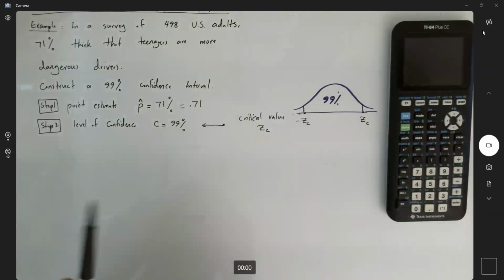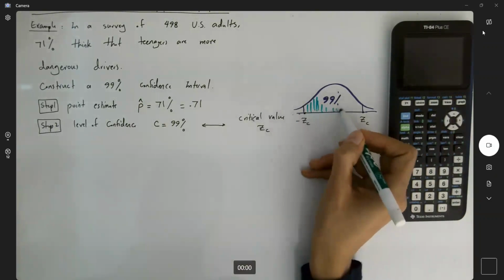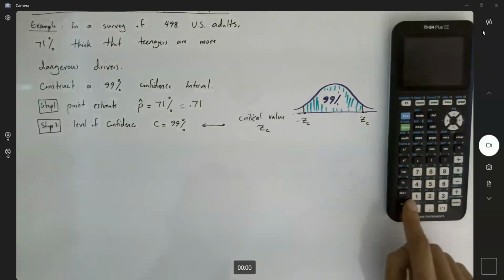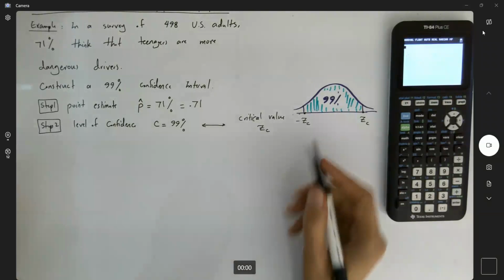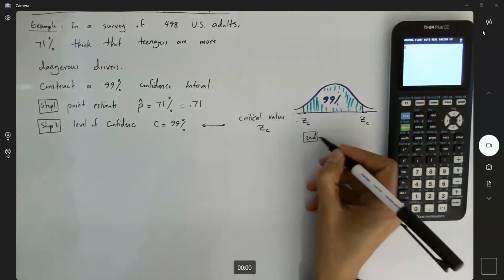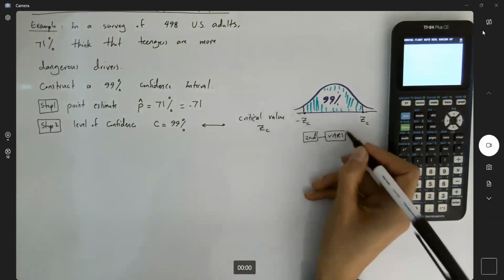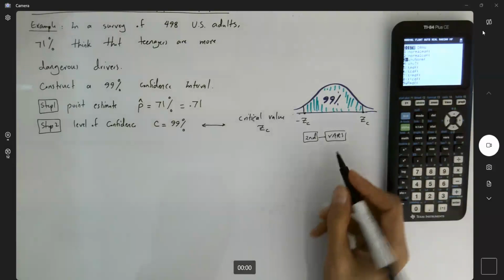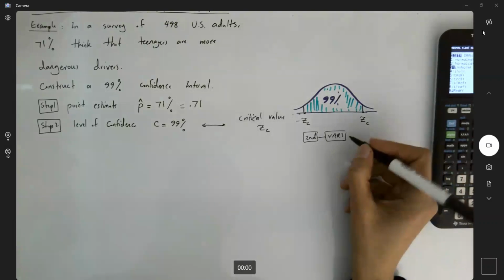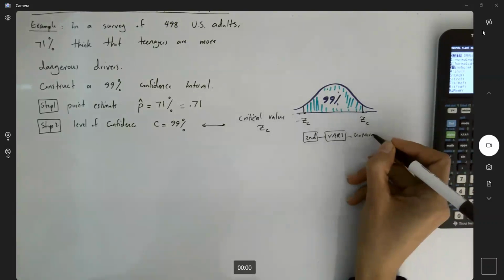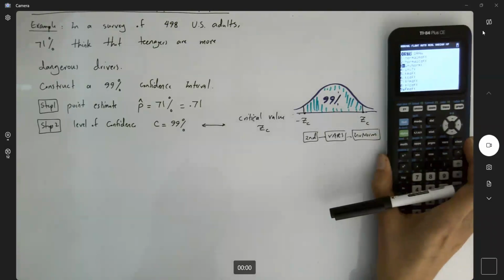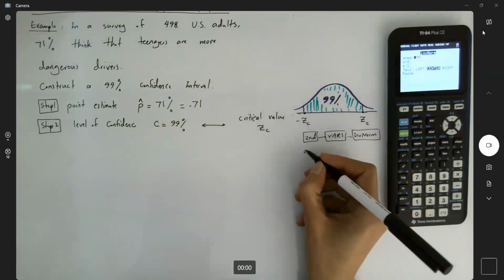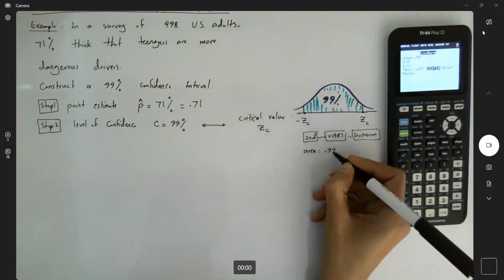As you remember, since we have the area, it means that we need to use inverse norm. Turn on your calculator, click on second, then bars, and find inverse norm. The area is 99%, 0.99.